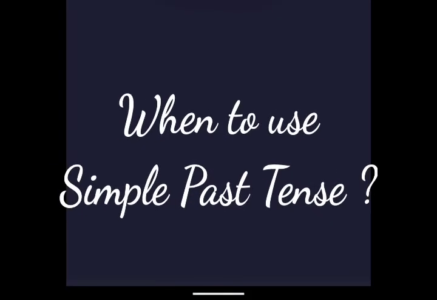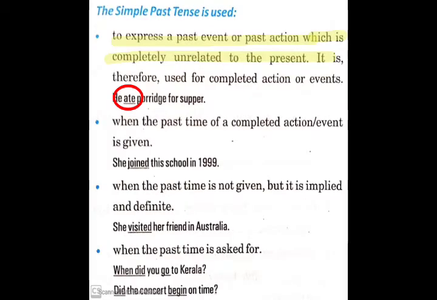Now let's learn that when do we have to use simple past tense? What are the conditions? Simple past tense is used to express a past event or past action which is completely unrelated to present. It is therefore used for completed action or events. So if we are talking about an event or an action that occurred in the past and it has been completed, there is no relation with the present, then we use simple past tense.